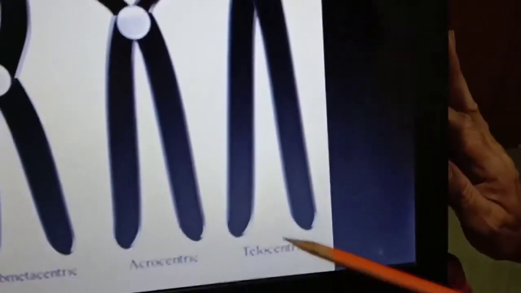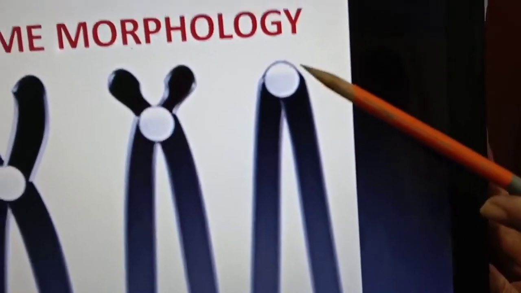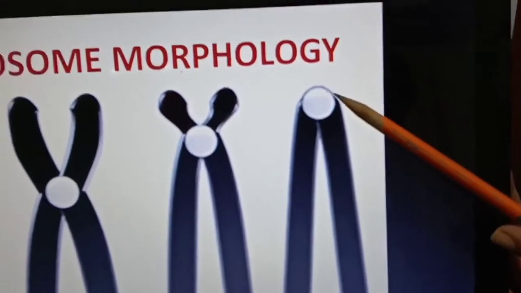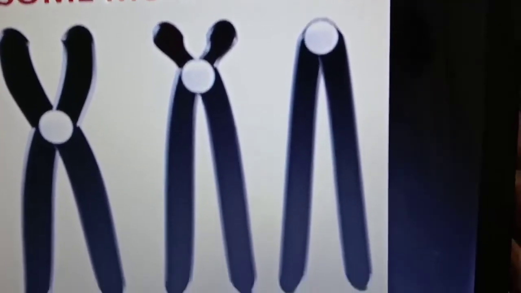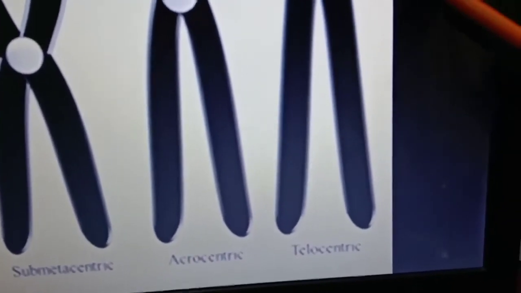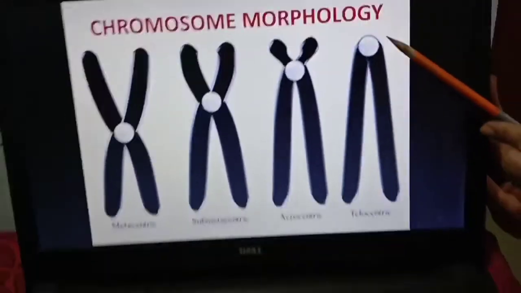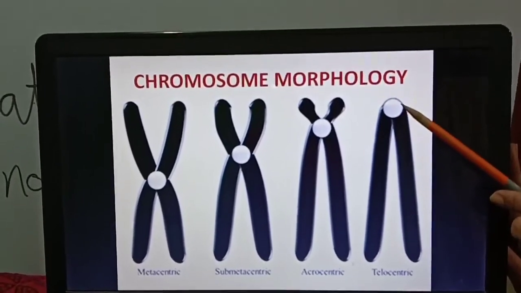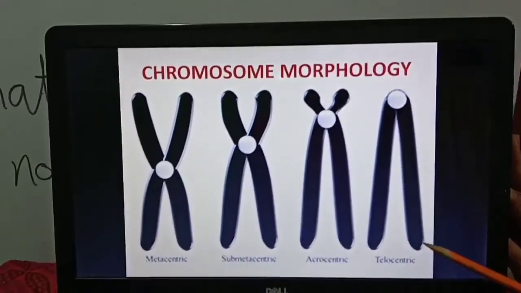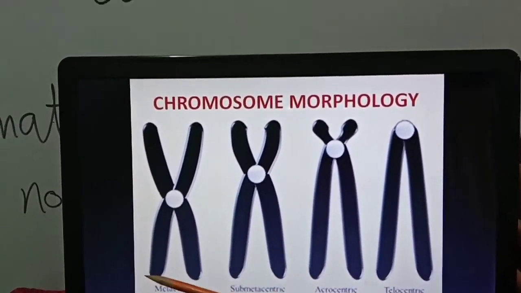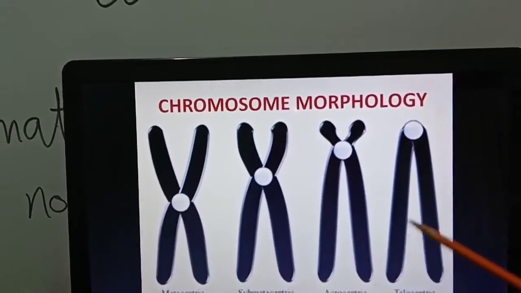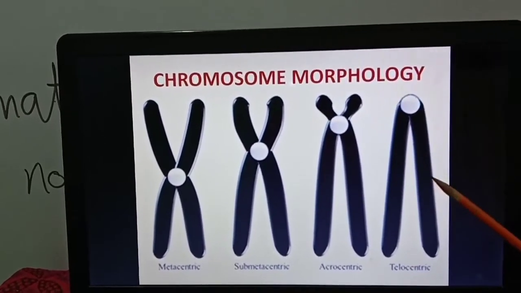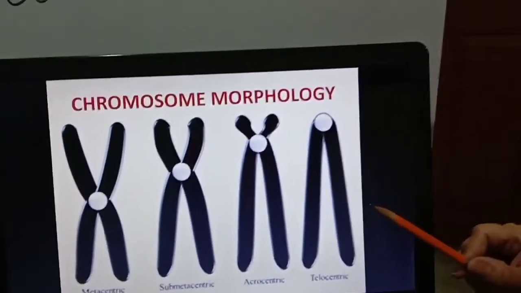And you have the chromosome where the centromere is at the extreme tip, at the extreme end, that is the telocentric chromosome. Because the end part of the chromosome is called telomere, the chromosome is called telocentric. So these are the 4 types depending upon the position of the centromere.